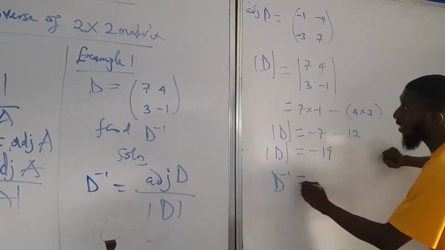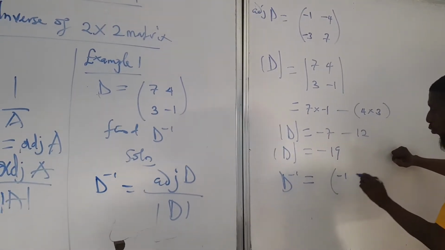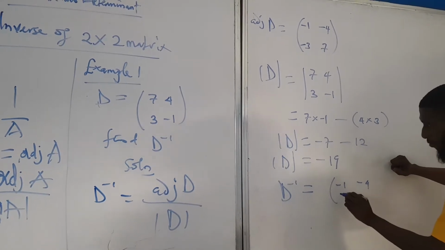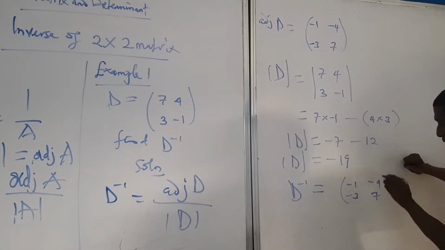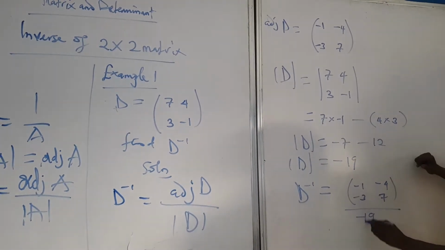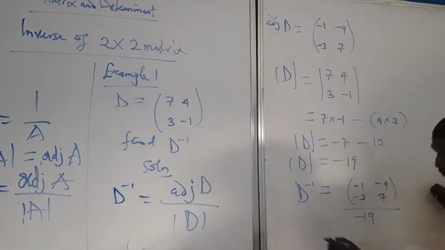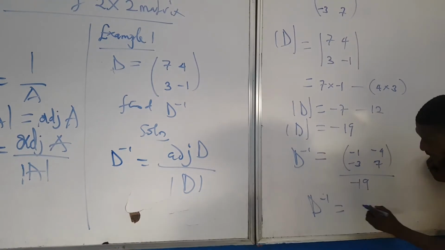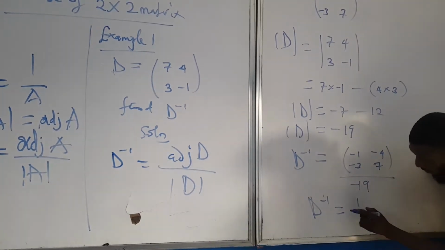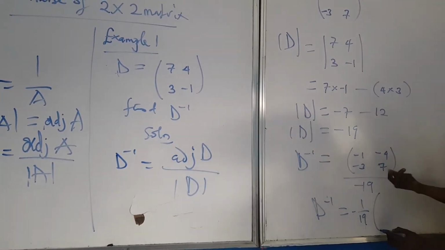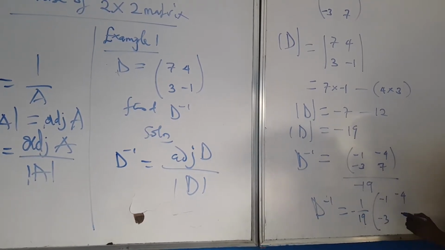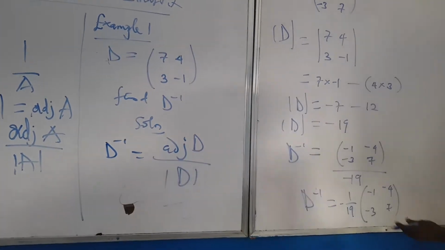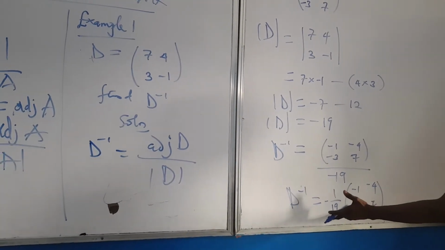Then D inverse now equals minus 1, minus 4, minus 3, and 7 divided by minus 19. You can easily write this one by putting this 1 over minus 19 into brackets: minus 1, minus 4, minus 3, and 7. And if you like, you can use this 1 over minus 19 to open the bracket.